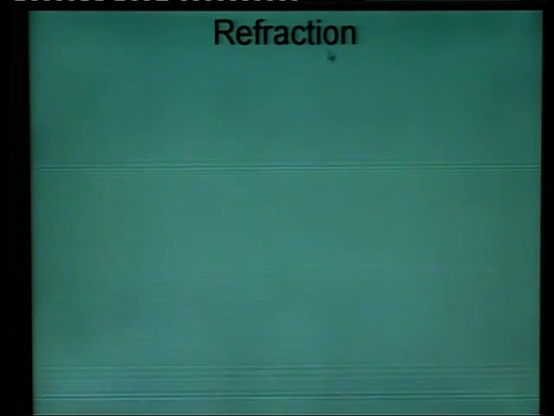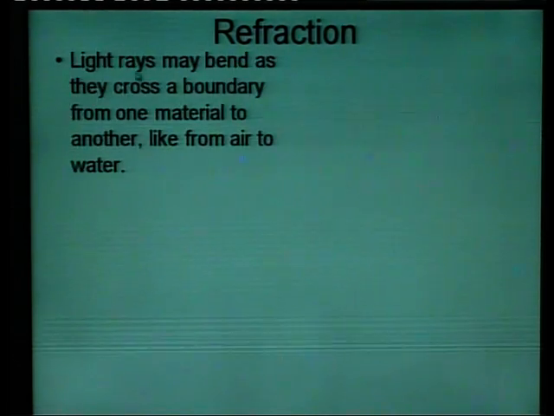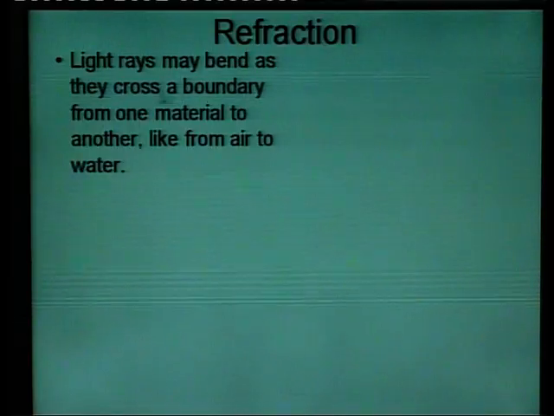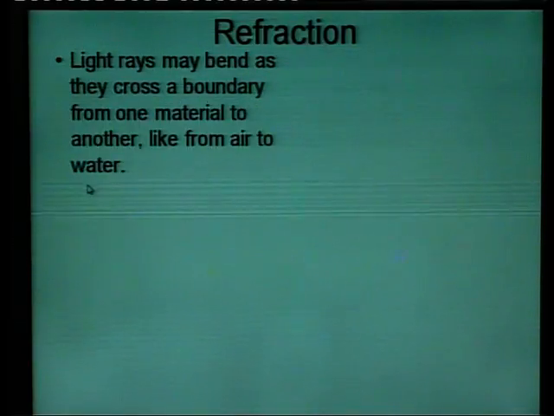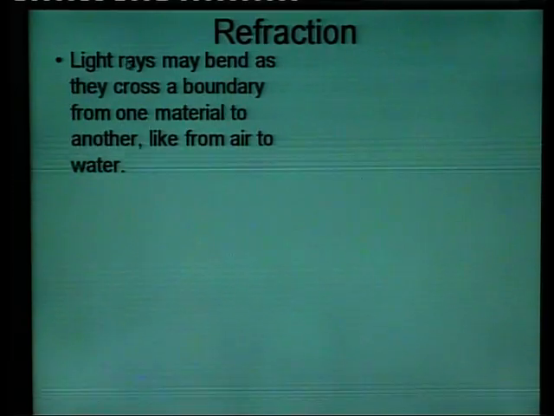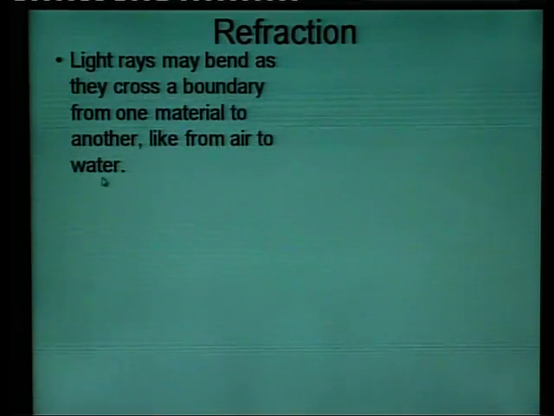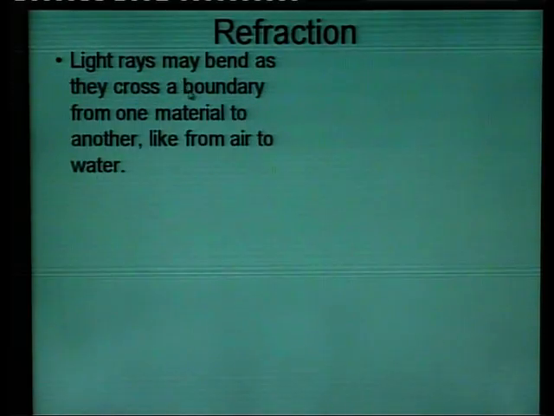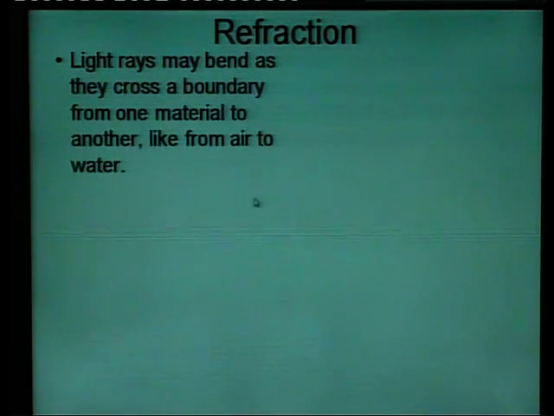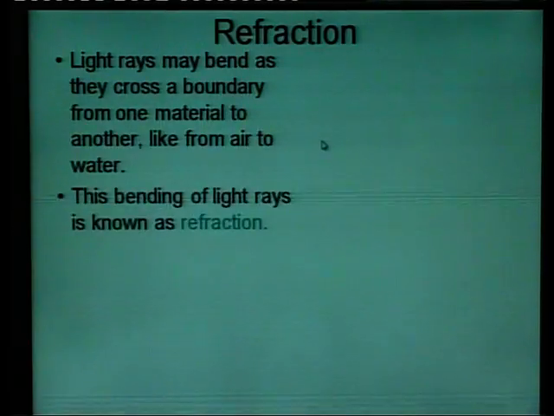So next, let's quickly go through refraction. What is refraction? And then we will solve a few problems on refraction. Light rays may bend as they cross a boundary from one material to another, like from air to water. So when light goes from one transparent medium to a second, for example from air to water, it will change its path. The ray will bend. This phenomena is called refraction.